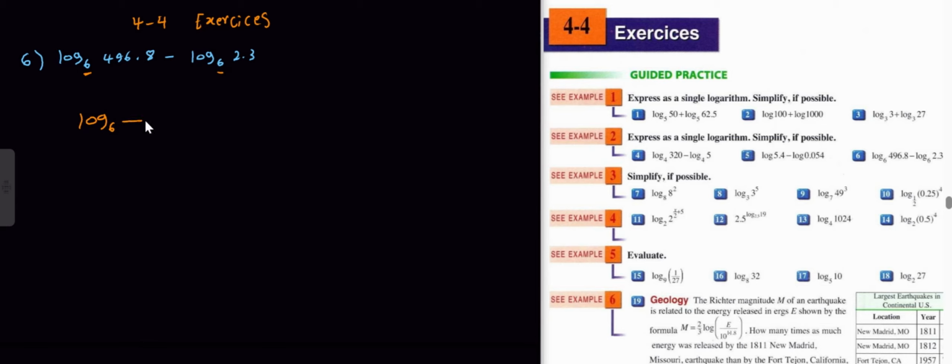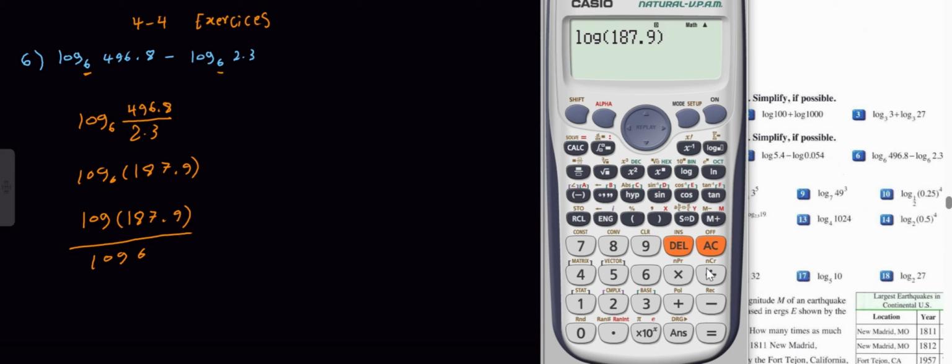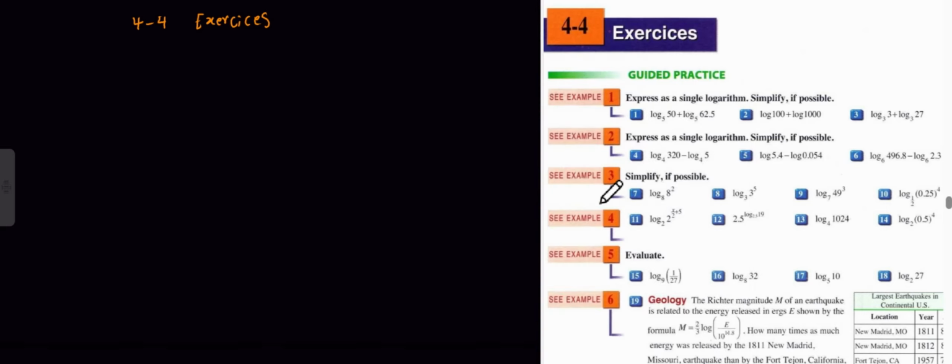Log 6 and 496.8 divided by 2.3, which is equals to log 6 187.9 or 92. Log 187.9 divided by log 6 equals to 2.9.